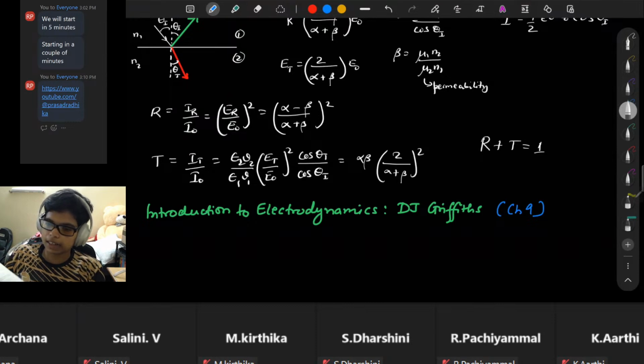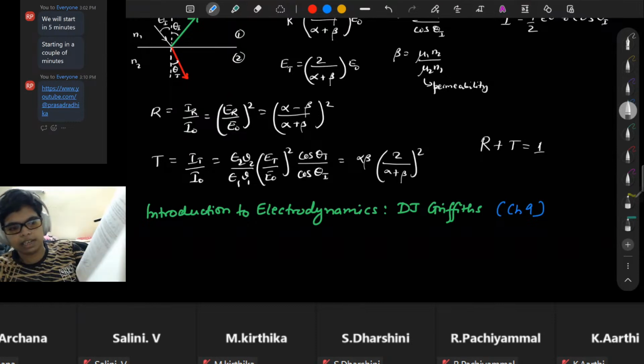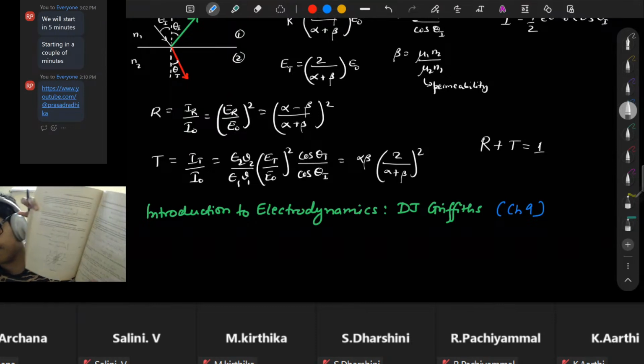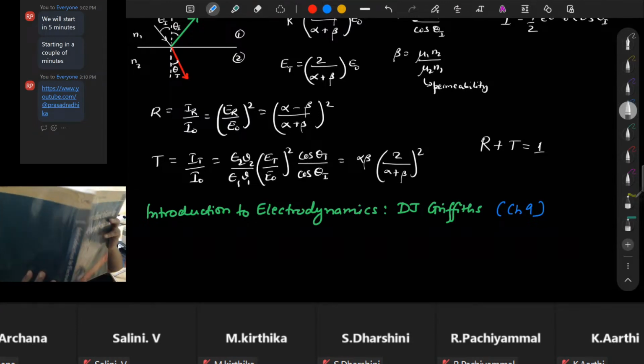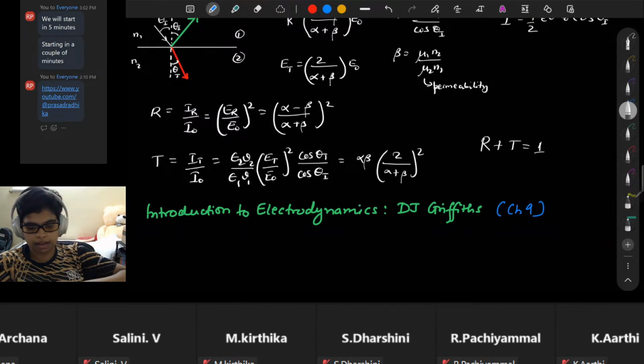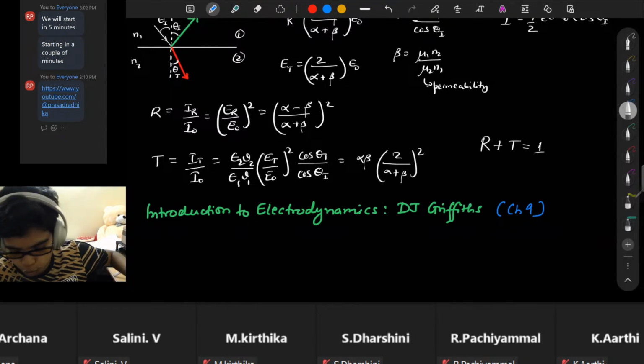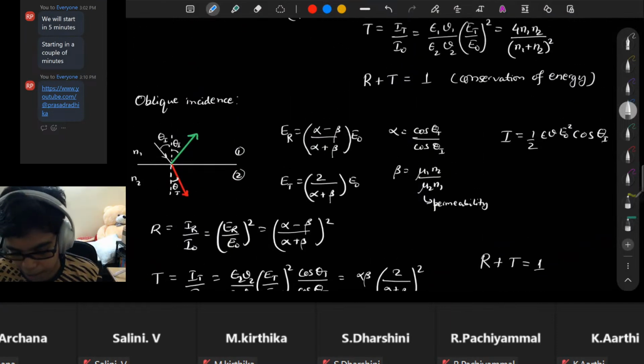Yeah, chapter 9, section 3. You see here they have all the expressions and how the stuff is derived. You can check it out. Okay, so this was just to show you what the different amplitudes are.